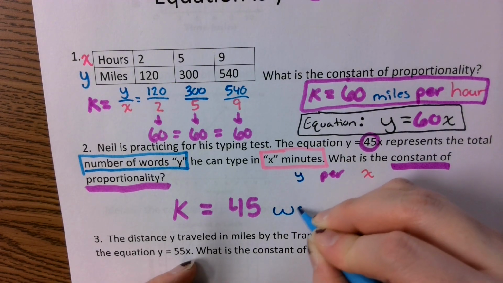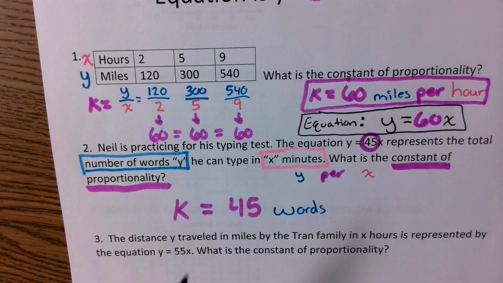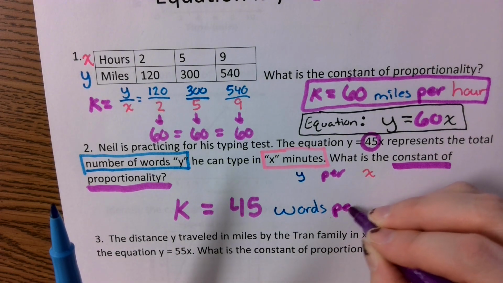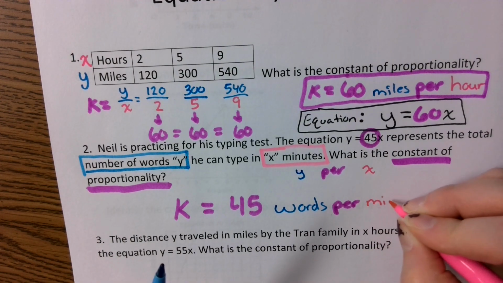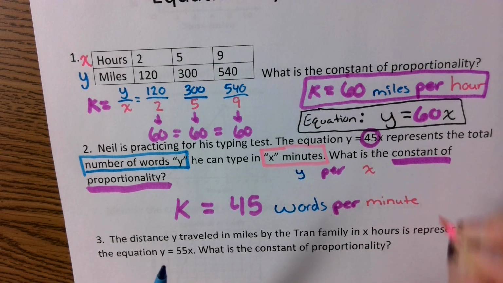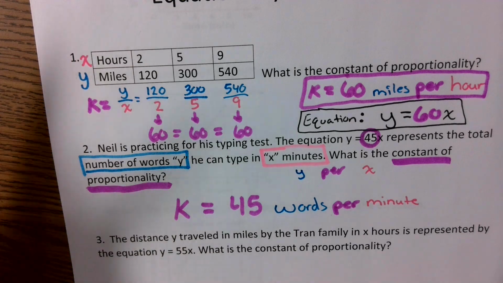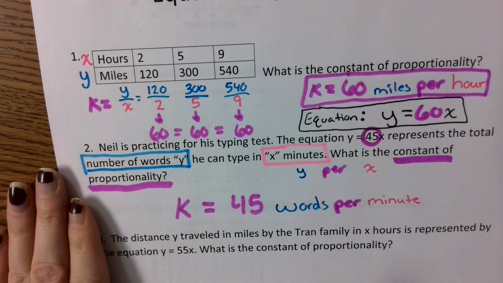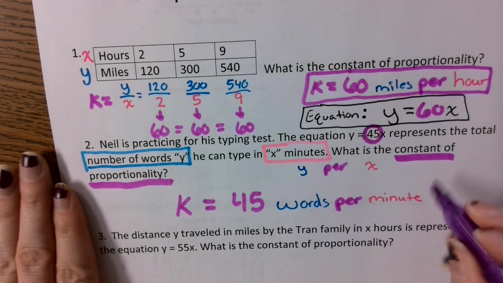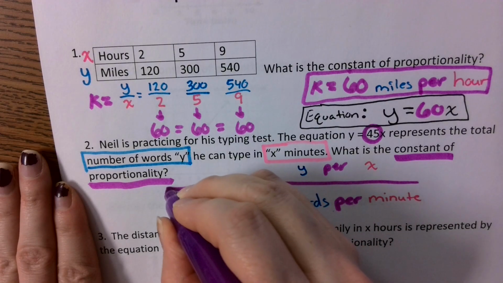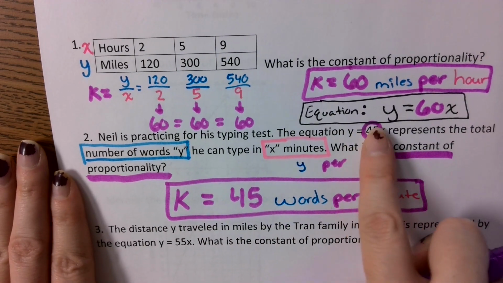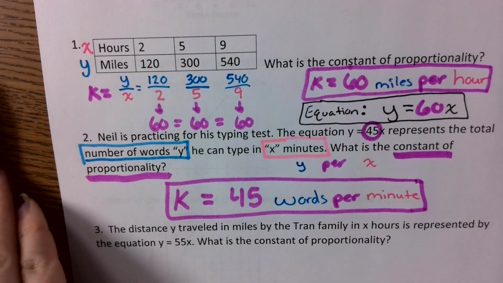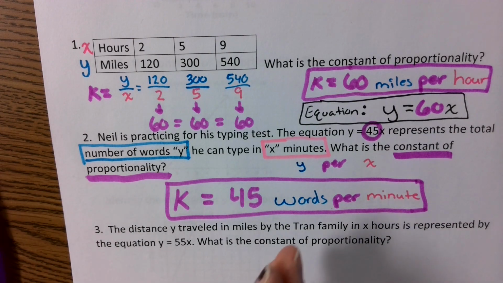It's 45 words per X. Our X was minutes. So it's per minute. That's our constant of proportionality. 45 words per minute. I don't have to write my equation because they gave me the equation already. I'm using that equation to identify my constant of proportionality.